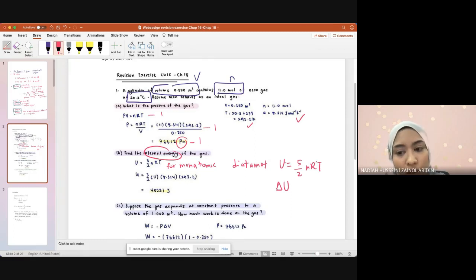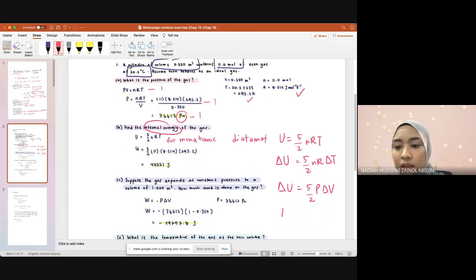So here, your R cannot change, your N cannot change, the mole does not ever change. The only thing that can change here is your temperature. So 5/2 nR delta T, or delta U equals 5/2 P delta V, or delta U 5/2 delta P V.